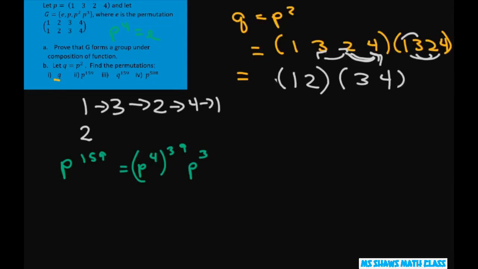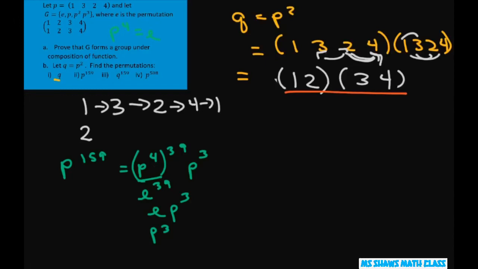So this whole thing, this is E to the 39th, which is just E. So you have E times P cubed, which is P cubed.